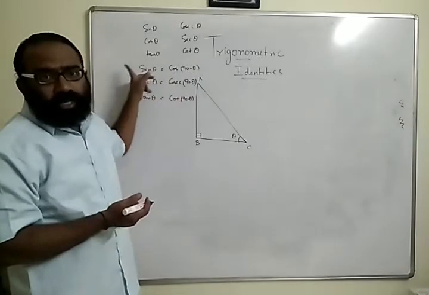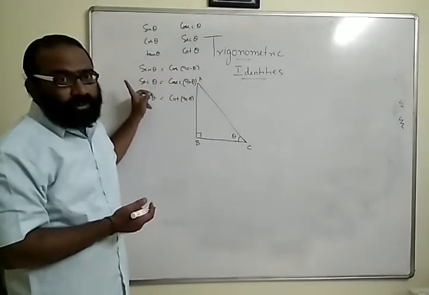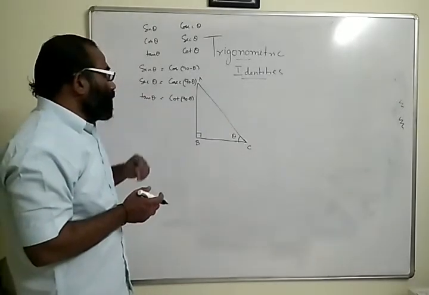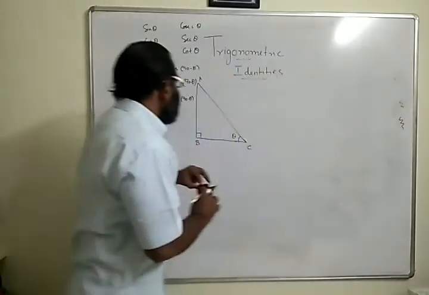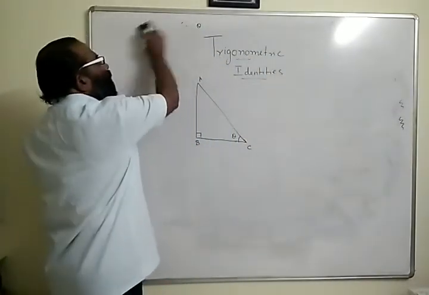Cos theta equals sin 90 minus theta, cosecant theta equals secant 90 minus theta, and cot theta equals tan 90 minus theta.